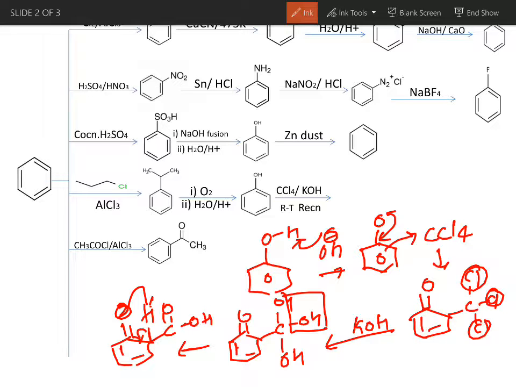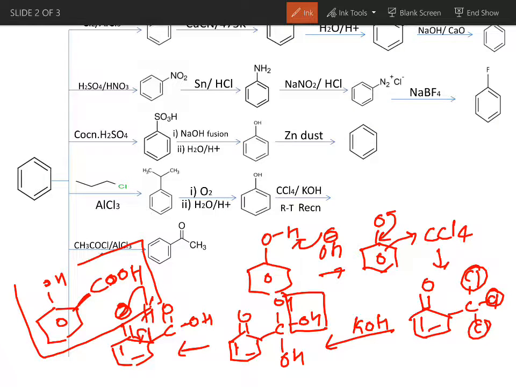So the compound formed here will have OH, and here it has already introduced COOH. Now this compound is called salicylic acid, orthohydroxybenzoic acid, also known as salicylic acid.